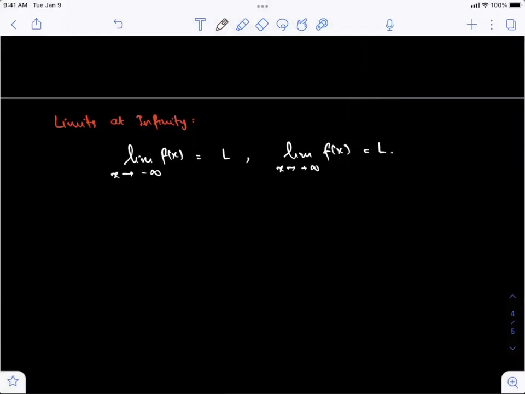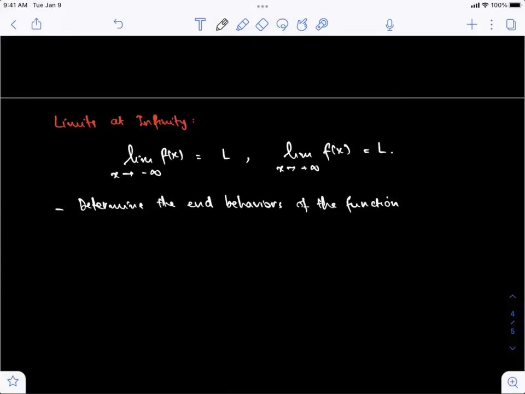Calculating the limit at infinity helps you determine the end behavior of the function.